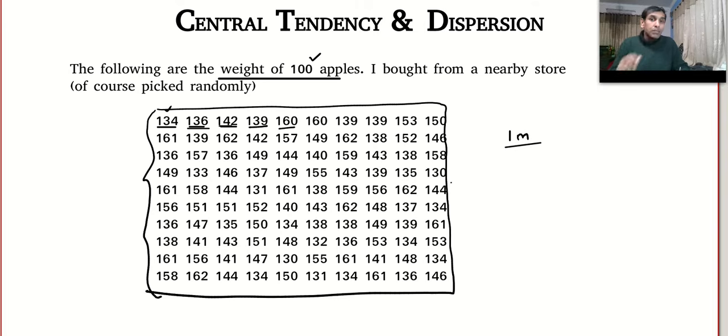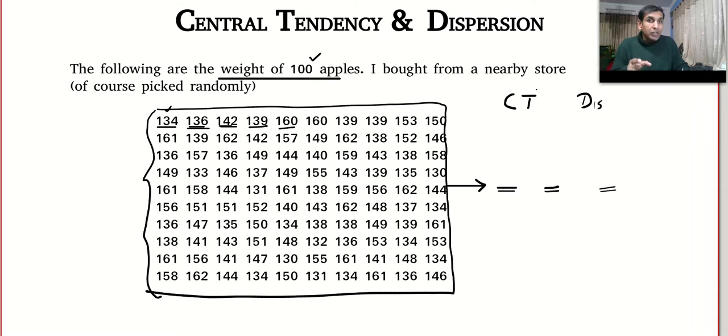So point number one, we have to reduce this information into a few useful numbers, and these numbers are called statistical measures. And for a simple analysis, the measures that we use are called central tendency and dispersion.